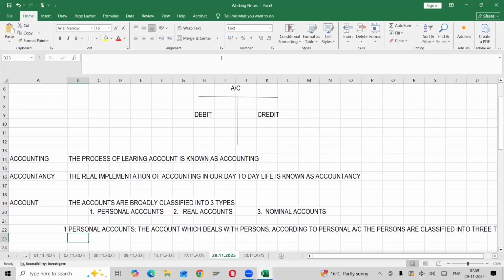Personal accounts are nothing but the account which deals with persons. Clear? In that, what are the different divisions? First, natural persons. Second, artificial persons.